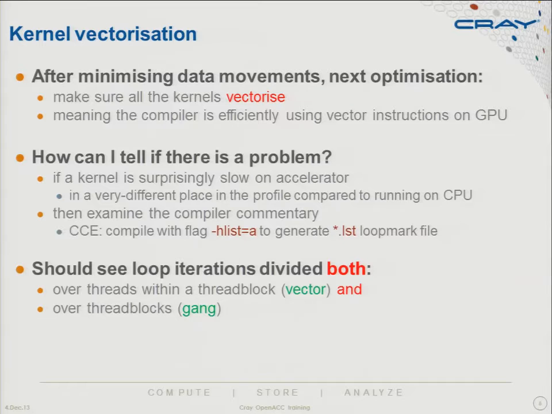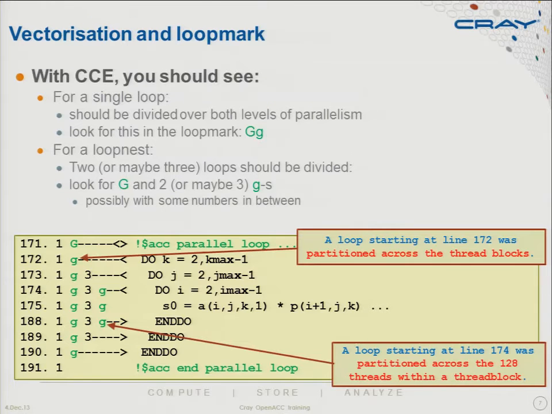Look at the compiler commentary. You should see 2 little g's down the side. If you don't see 2 little g's, it hasn't divided work across threads within a thread block and between thread blocks. So in that example, we saw 1 g here, 1 g here, and there were messages for the 2 levels of parallelism.